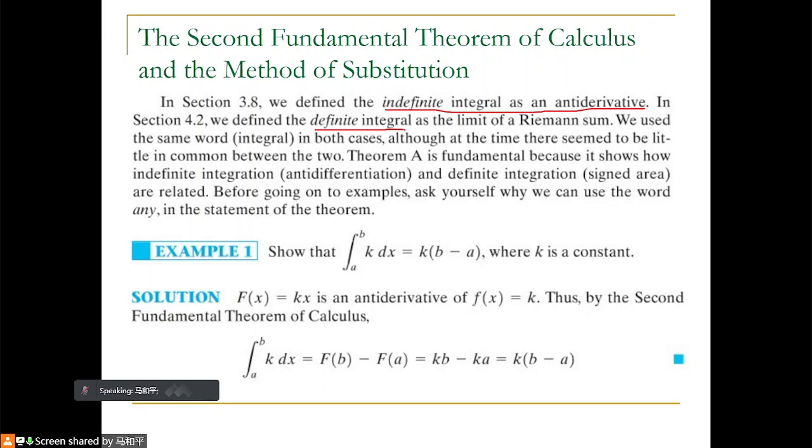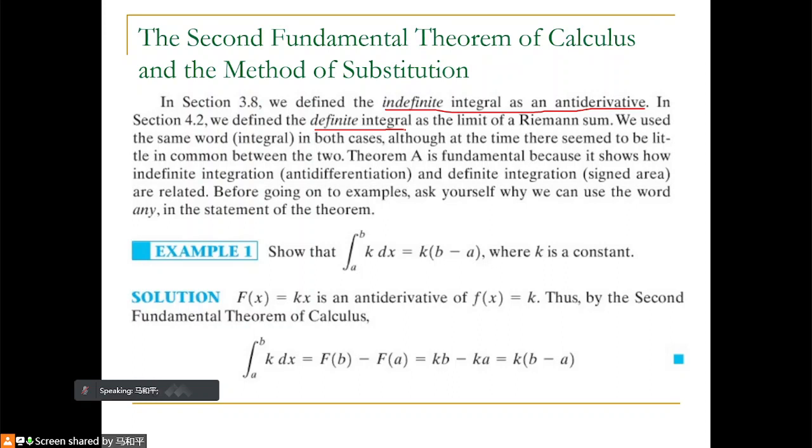We use the same word integral in both cases, although at the time there seemed to be little in common between the two. Theorem A is fundamental because it shows how indefinite integration and definite integration are related.